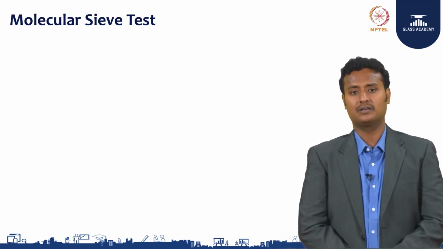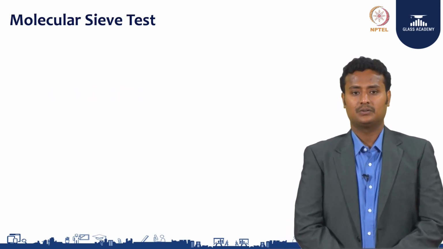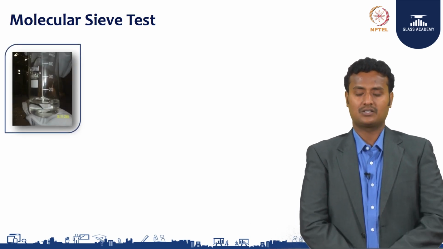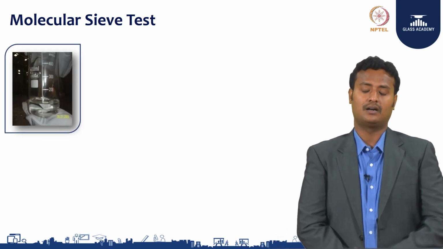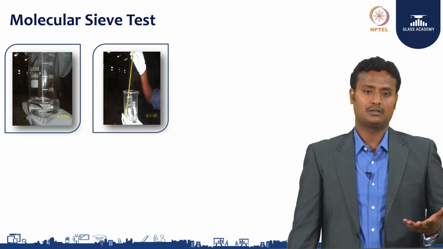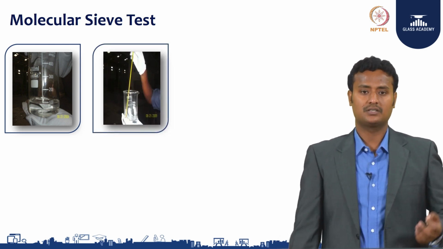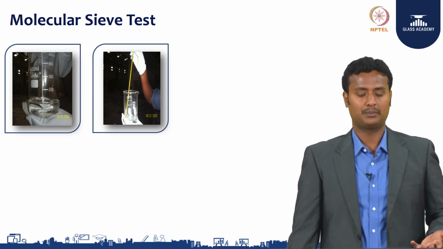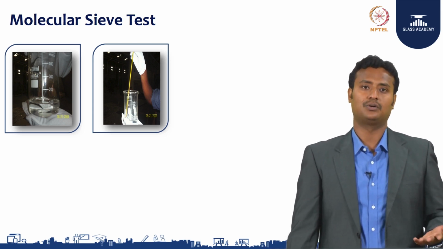Let us see the molecular sieve test, what it is. You take a beaker with 100 ml of water and measure the water temperature, probably room temperature or less, and note it.